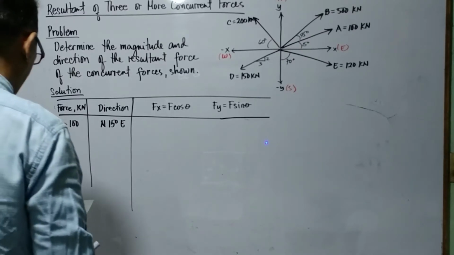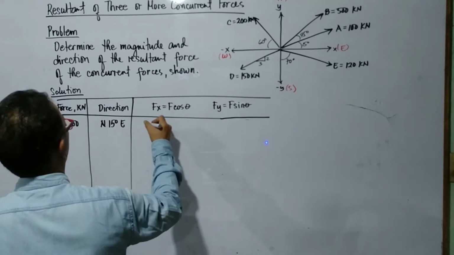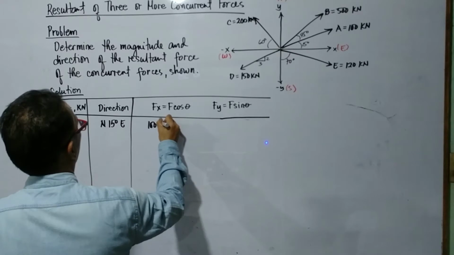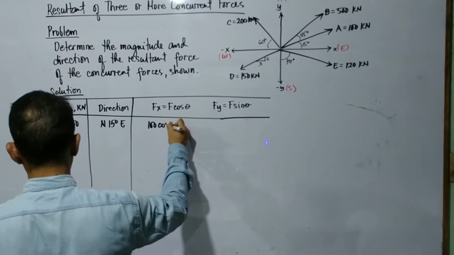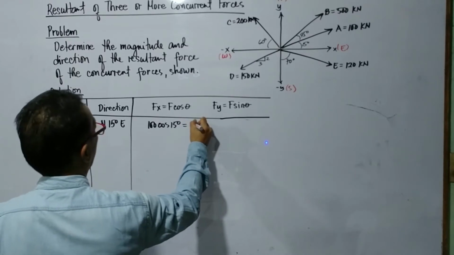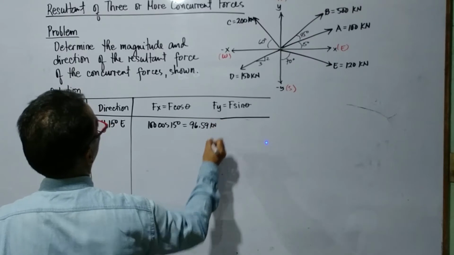So you have now 100 cosine 15 degrees, or we have 96.59 kilonewton.